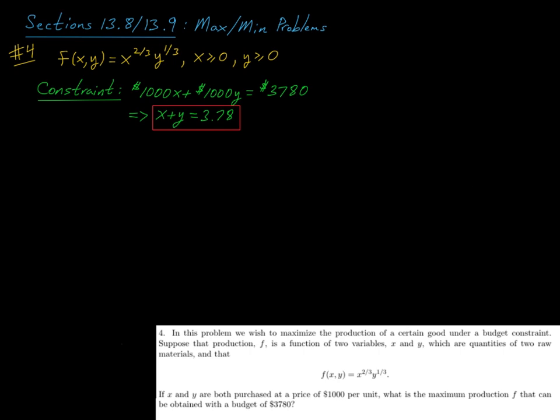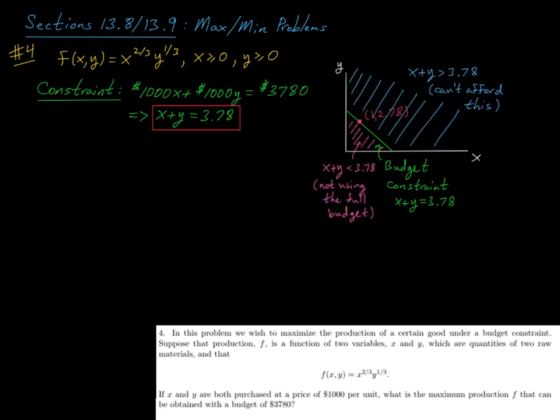All right, I'm going to go ahead and draw a picture of this budget constraint line. And one thing to highlight about this line is that if I choose any point on this line, say the point (1, 2.78), this is telling me if I use 1 unit of raw material 1 and 2.78 units of raw material 2, then since the coordinates of this point satisfy this constraint equation, I'm going to be using up the full budget.